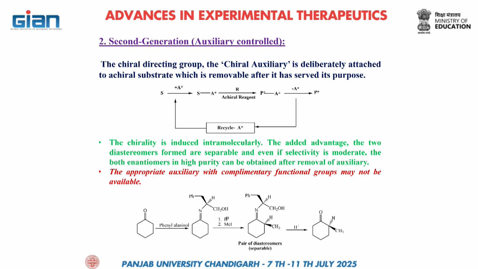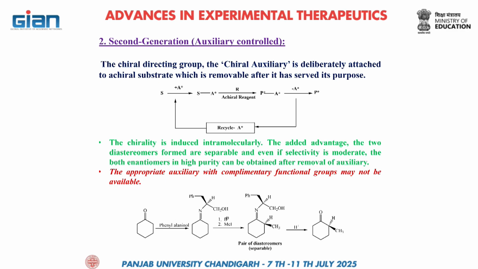Now can you see in second generation what is the substrate? Palvi, क्या substrate है second में? Cyclohexanone. Okay. Now in this substrate आपको कोई chiral unit दिख रही है? We don't have any chiral unit.